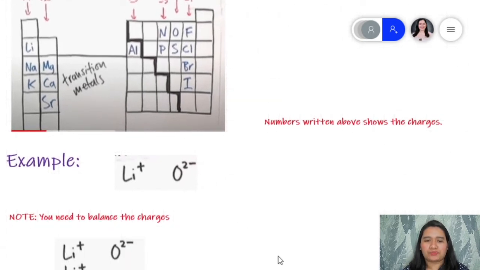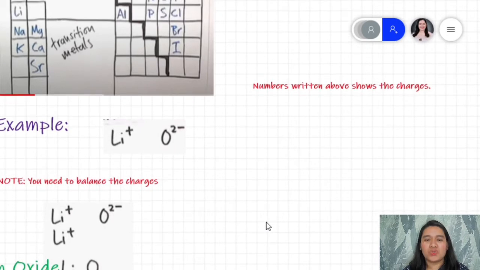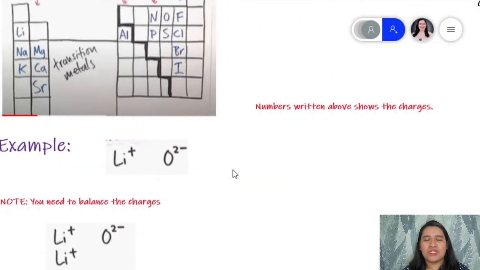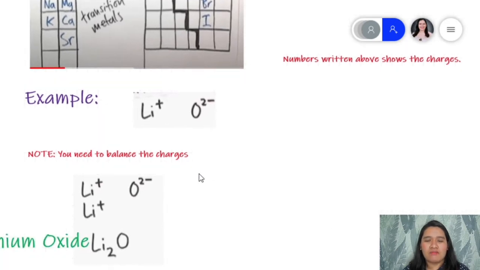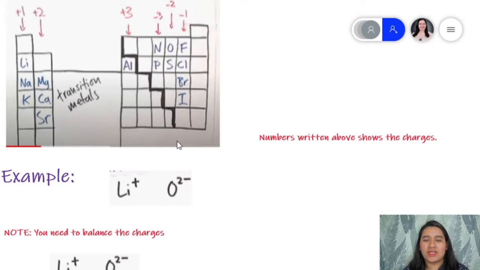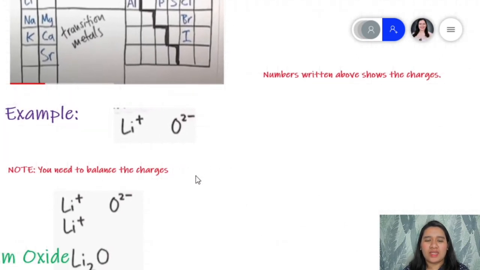Now, the first thing that you should do is to balance the charges. Again, the first thing that we should do is to balance the charges. Lithium has a positive 1 and oxygen has a negative 2. As you can see, lithium is lesser than oxygen.